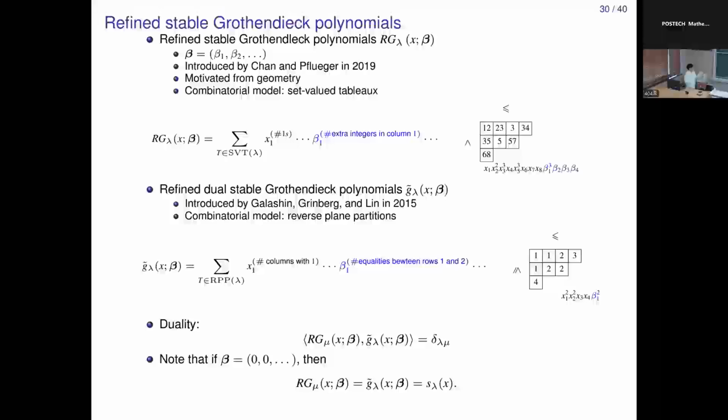That means you cannot have extra elements here. Everything is just every cell has one element, so it's exactly like SSYT. So this becomes a Schur function. And same here, no beta means no equalities, so if you read columns, the column is strictly increasing. So again, this becomes a Schur function. So both are generalizations of the Schur function.